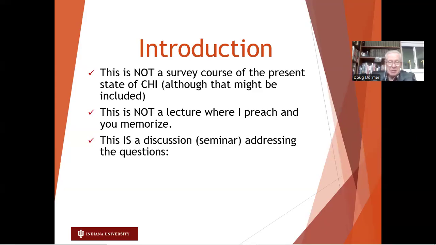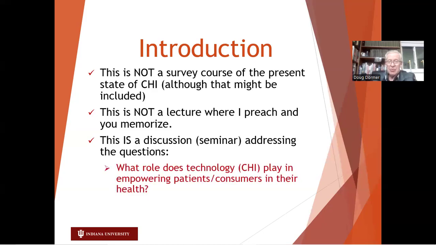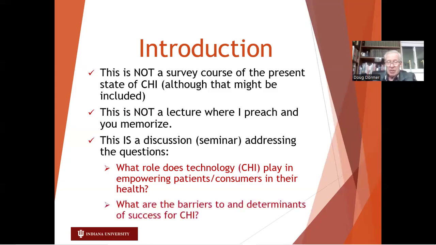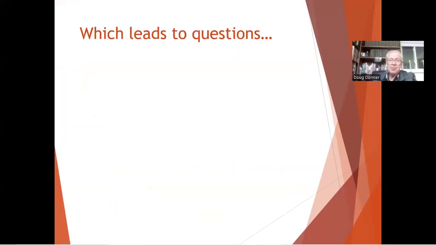Questions, of course, that the seminar will be discussing along the thread I just mentioned will be, what role does technology play in empowering patients and consumers in their health? And of course, what are the barriers and determinants of success for consumer health informatics?